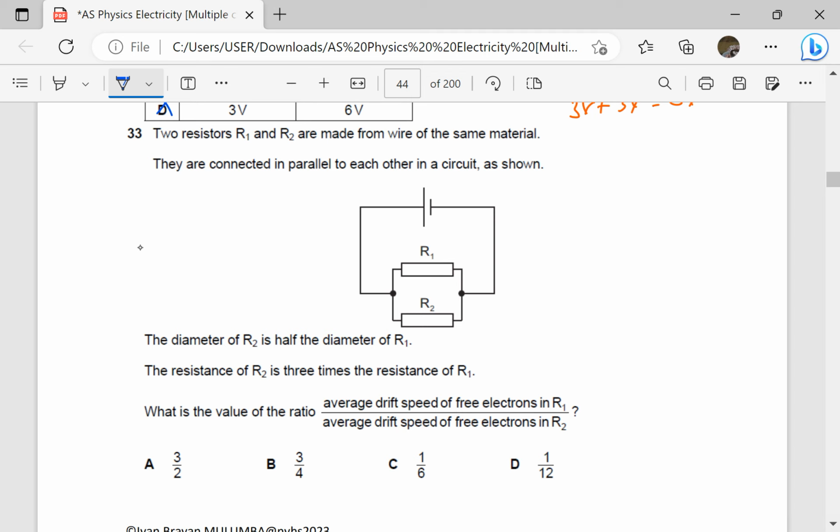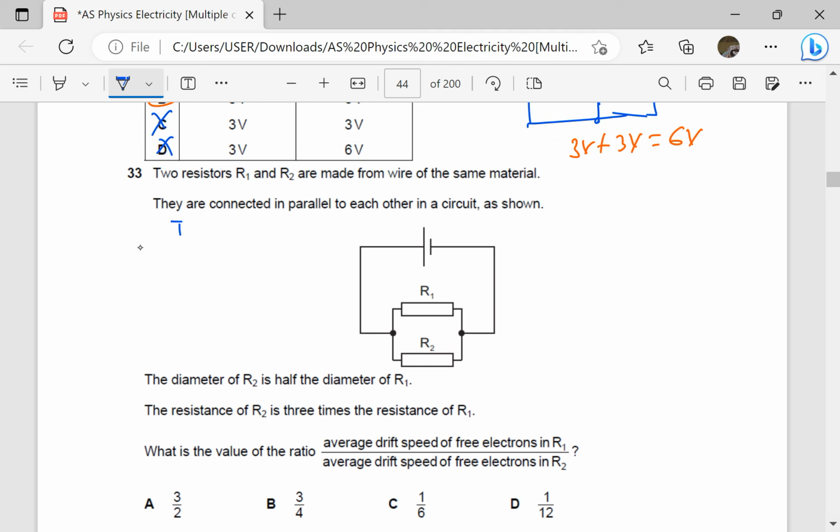So first of all, we notice that the PD is going to be equal to I times R. And the PD is the same because they're in parallel. We also notice that the current I is equal to nevA, because I've used the e for Q. So PD across R1 is the same as PD across R2, which means that I1 R1 is the same as I2 R2.